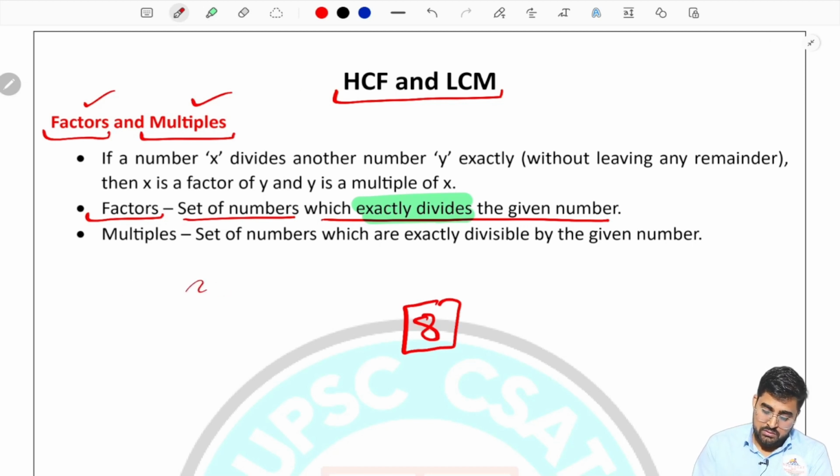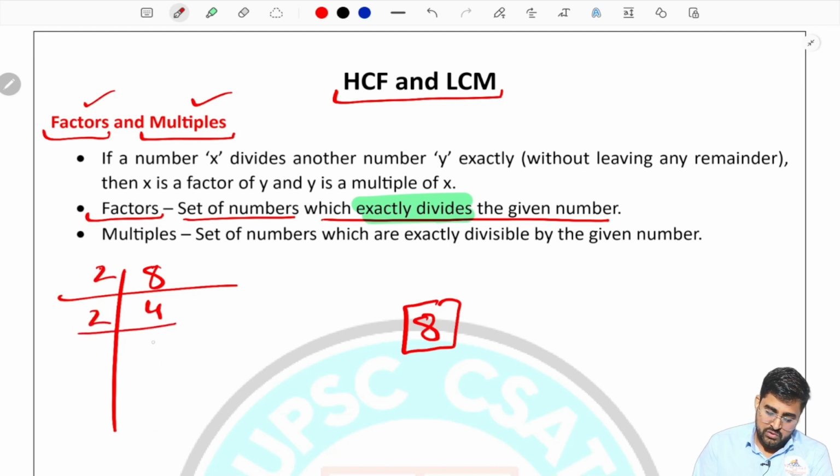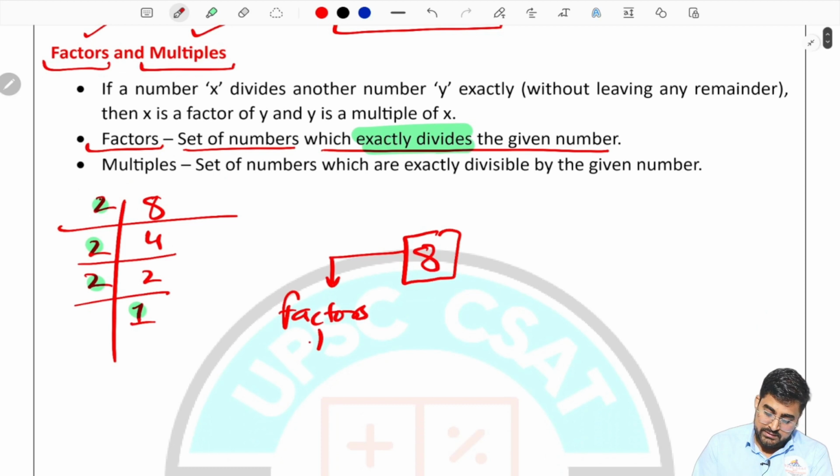So let's do it. 2, 2 and 1. So what are these elements? These elements are basically called the factors. Factors are basically those numbers which exactly divide the number itself.